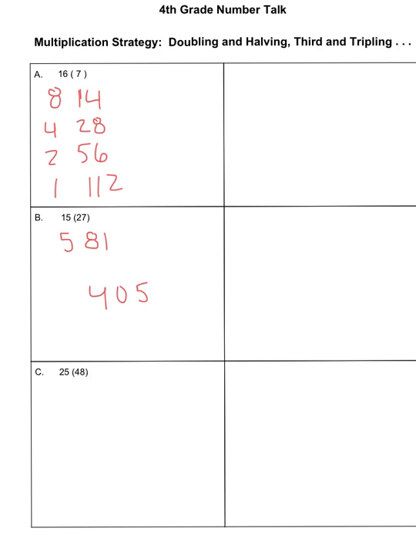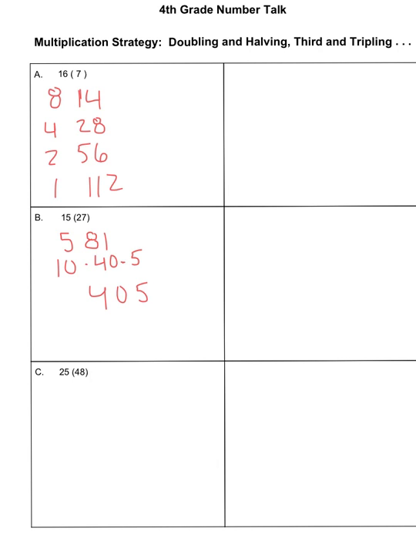If you want to take the extension of that, double 5. 5 doubled is 10. Half of 81 is 40.5. 10 times 40.5 is 405. Or think of it another way.